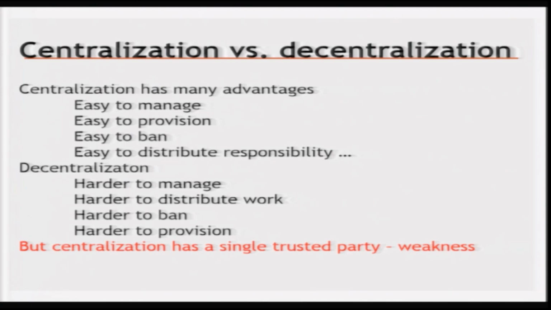If you want to delete an account, you also have to change in one place. It is easy to ban. So, for example, if you have a centralized authority maintaining your DNS, domain name service, then you can easily ban certain domains from being found, and it is easy to distribute responsibility. So, centralization has all these advantages.